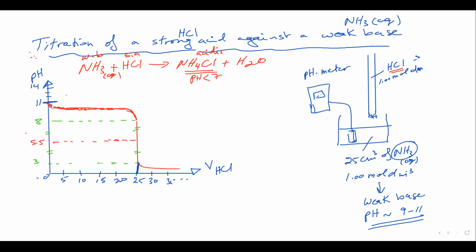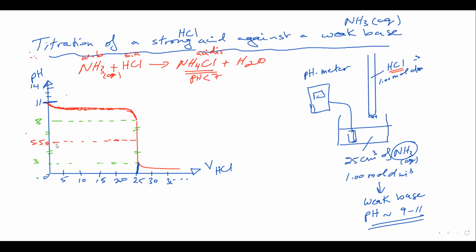So there will be a drop and then a very small change until we reach about 24.9, where the solution is still alkaline. At 25.1, it will be strongly acidic, and that's why there will be a drop in pH from about 8 to about 3, and we'll see that the middle is the pH of the salt that is formed in the neutralization.